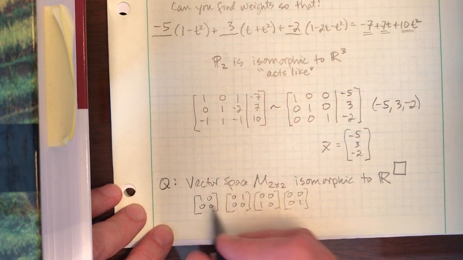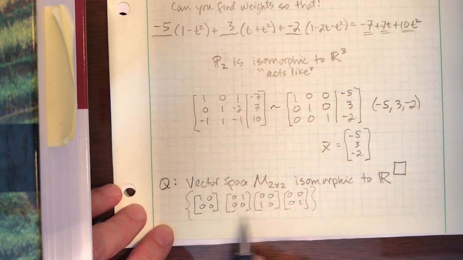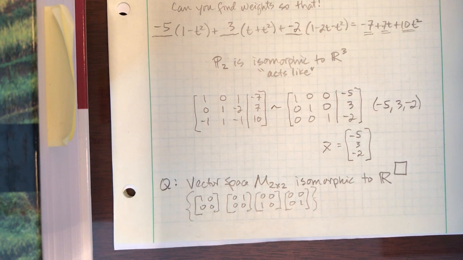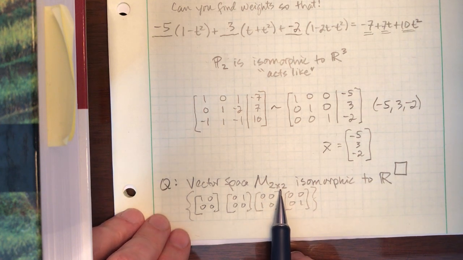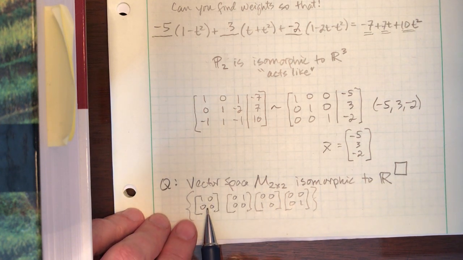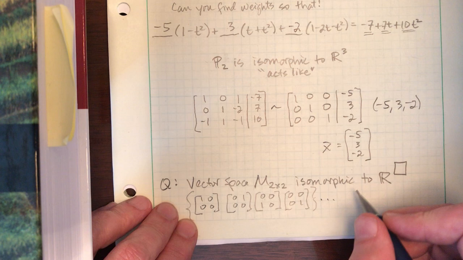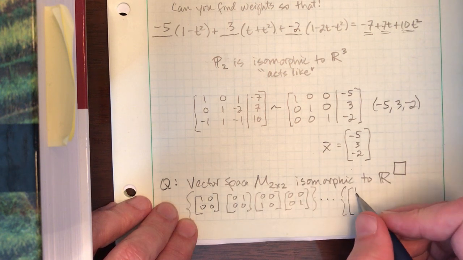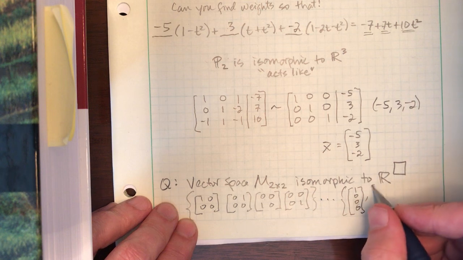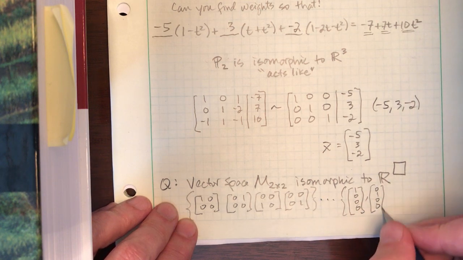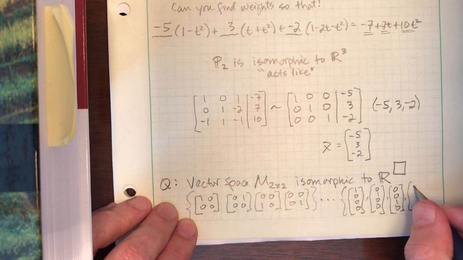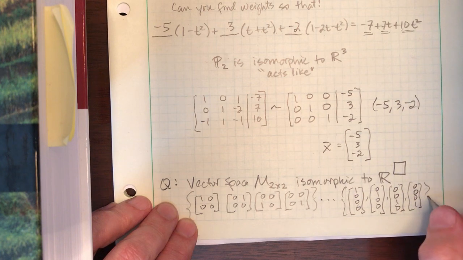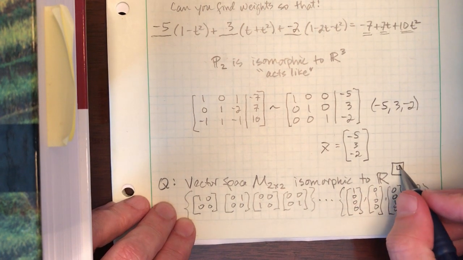If I had those 4 matrices as a set, I could create any 2 by 2 matrix. So think about it. It looks like M 2 by 2 is isomorphic to R4. I could turn each one of these into a column vector with 4 components. So I could say this is isomorphic to this set of column vectors. So it looks like we've got a basis for R4.